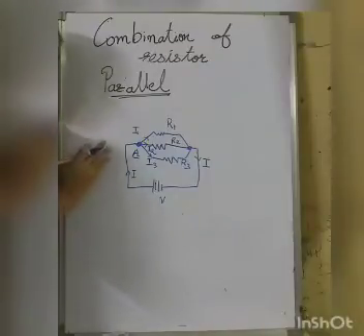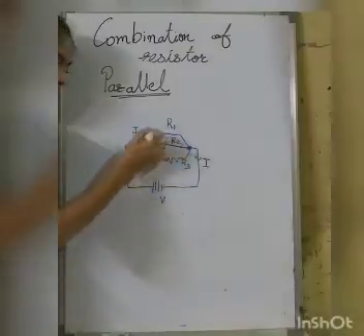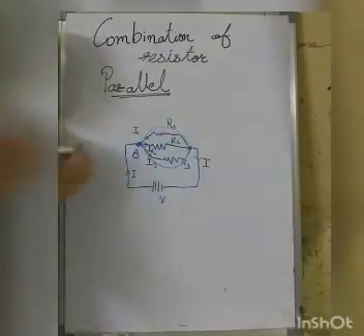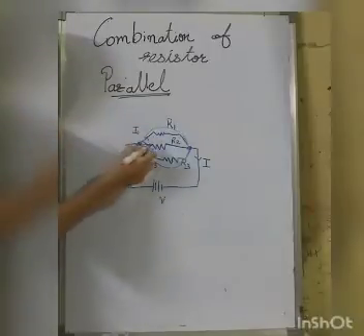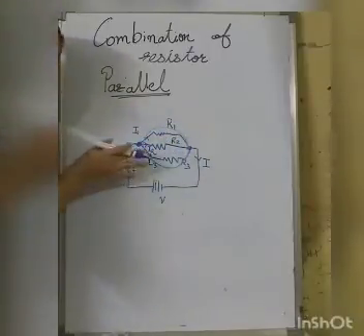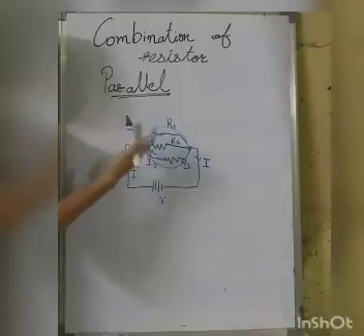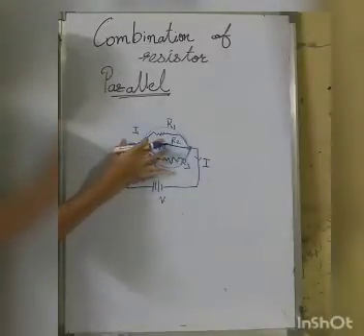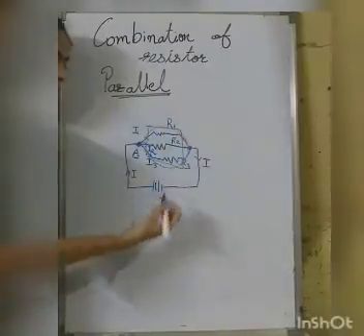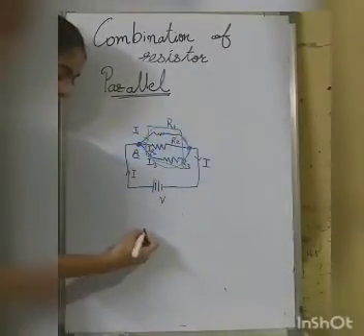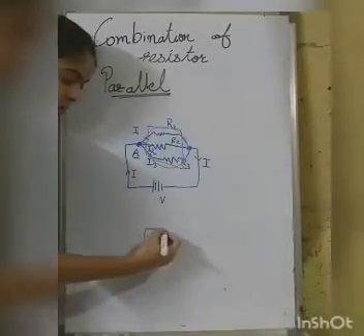So here you have three resistances, right? It can be more or it can be less, but more than two. Now the equivalent resistance of these three, that is, if you replace these three resistances with a single resistance, then what kind of circuit will you get?